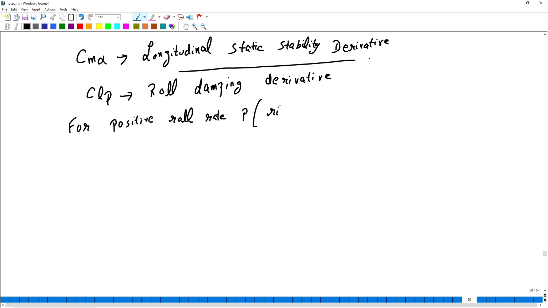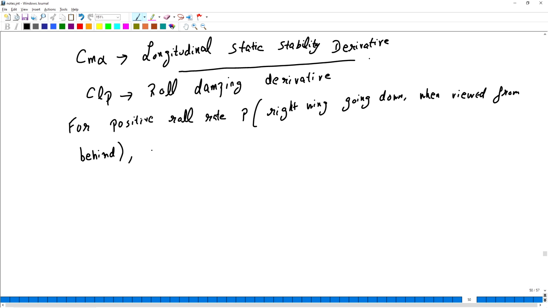That is right wing going down when viewed from behind. All right. So right wing going down indicates positive P.